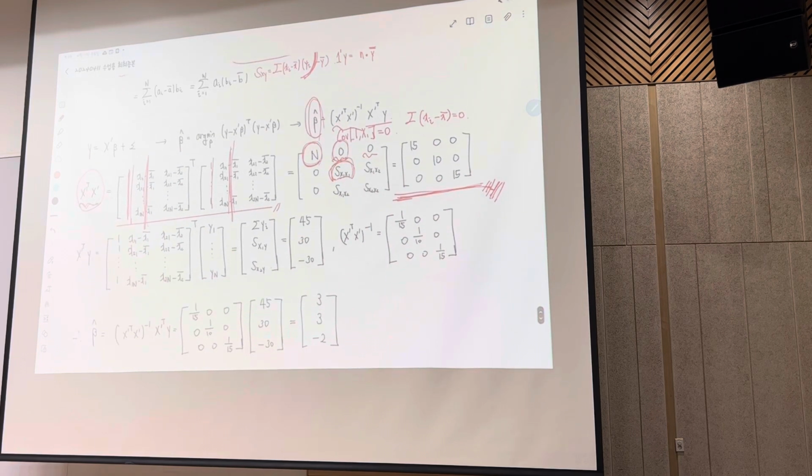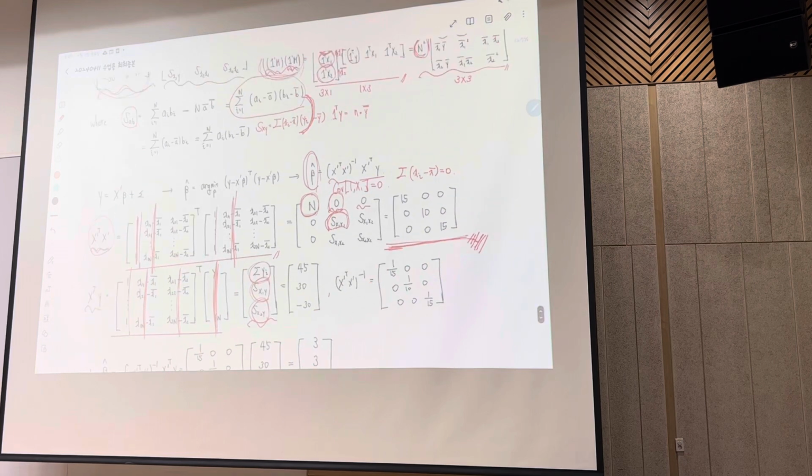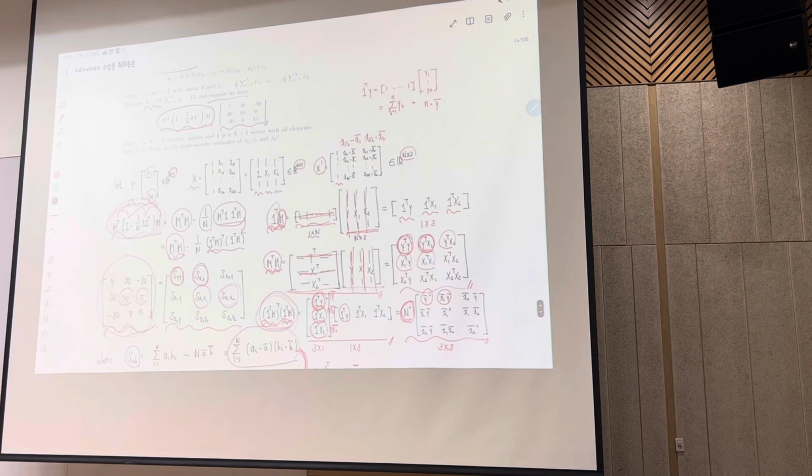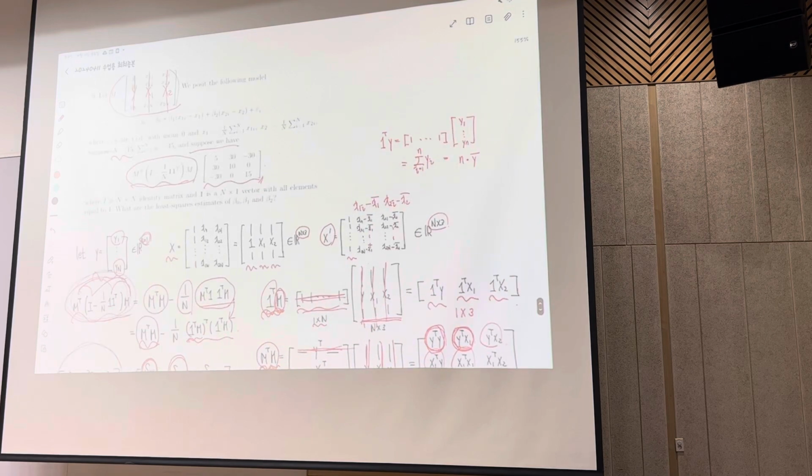And then x prime transpose y can be calculated like this: the one vector and y vector, this vector and y vector, Sx1y, and this vector and this vector, or Sx2y. Then we can use the above information.